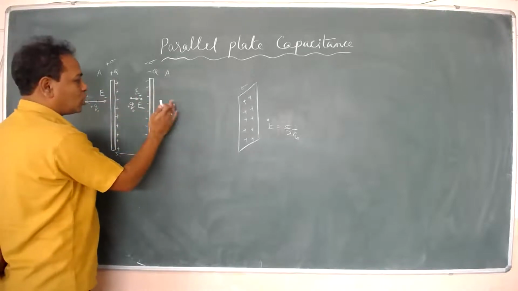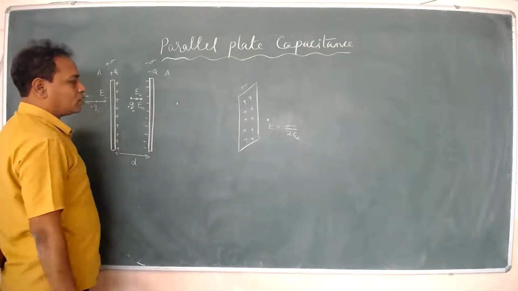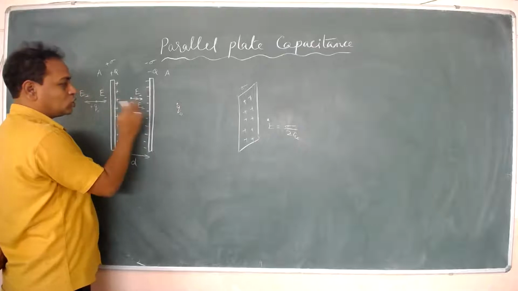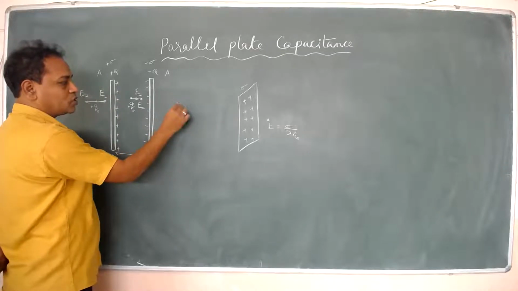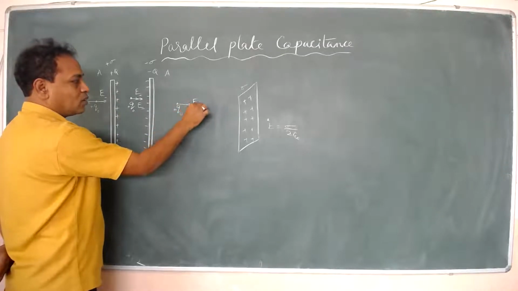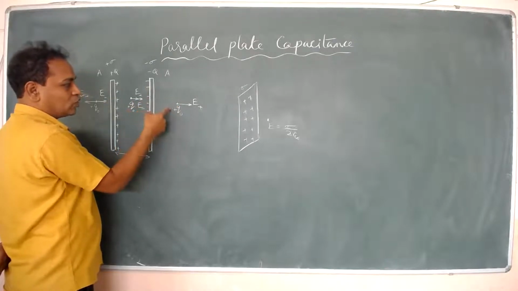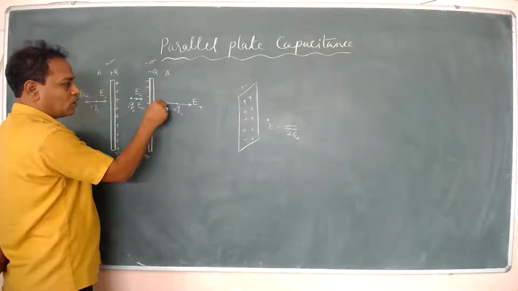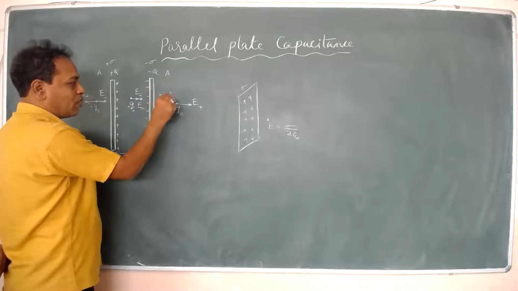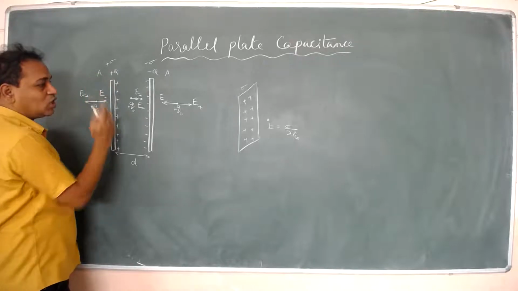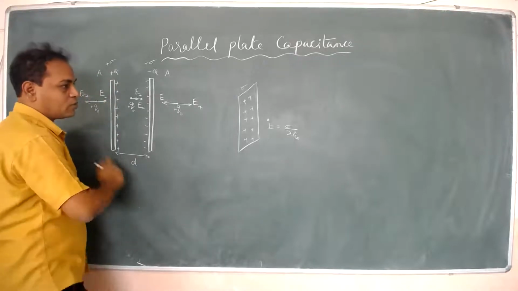Similarly, at this point, consider a unit positive test charge. The positive plate will repel it in this direction, and the negative plate will attract it, because this is negative and this is positive, so it will come in this direction. This is E minus.